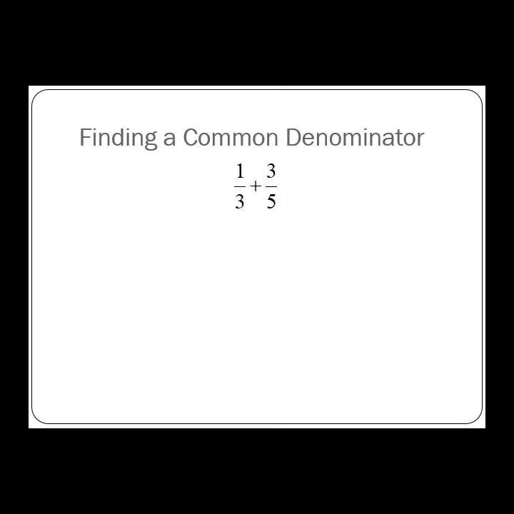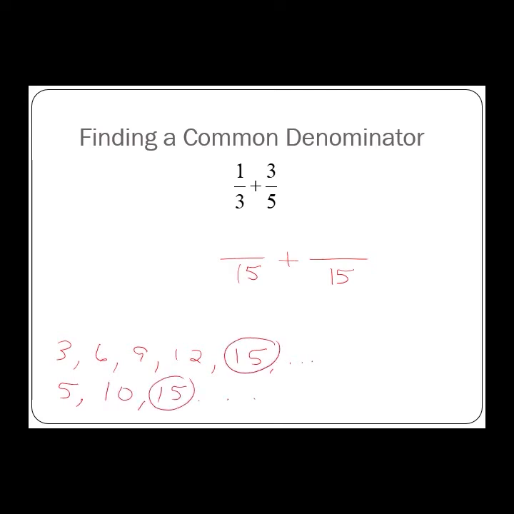So in this case, we have 1/3 plus 3/5. Our common denominator is the least common multiple, which is 15. Remember, 3, 6, 9, 12, 15, 5, 10, 15. The first thing they had in common was 15.